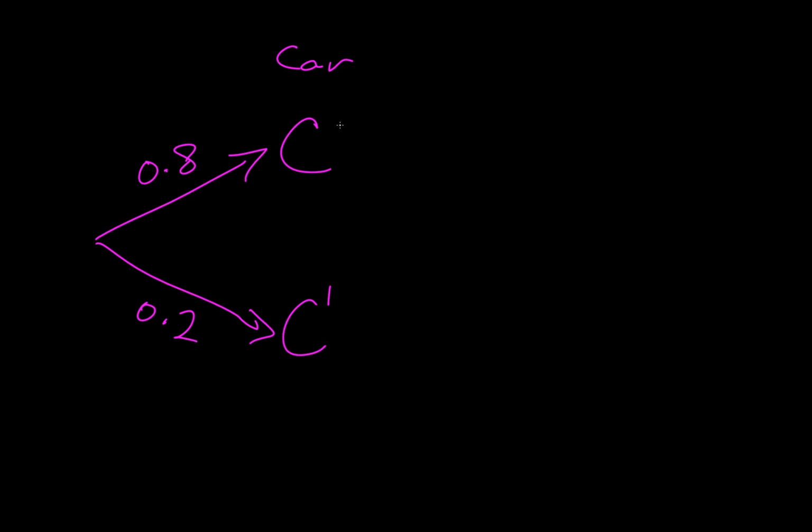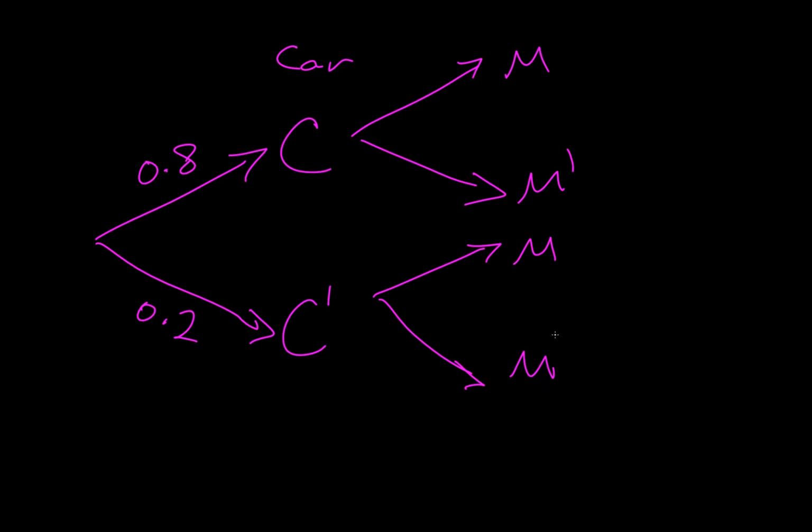Then he has a motorbike. So you can draw: motorbike starts, motorbike doesn't. Motorbike starts, motorbike doesn't. It says that it starts 60% of the time. So 0.6, 0.4, 0.6, 0.4.